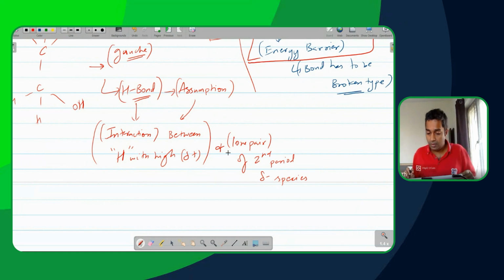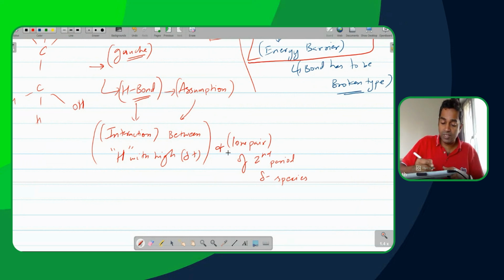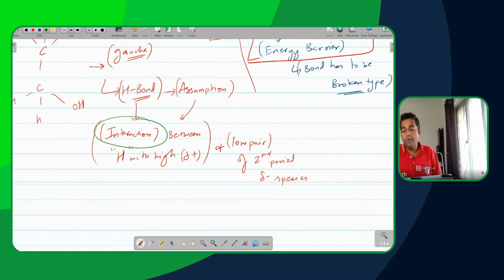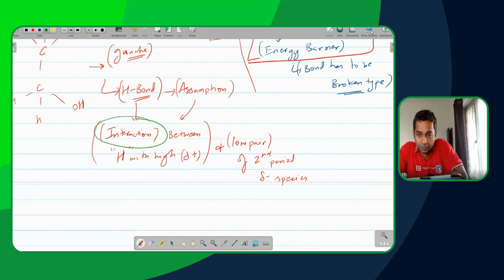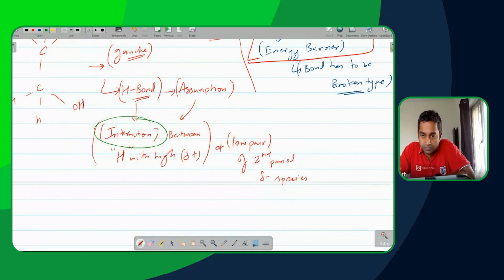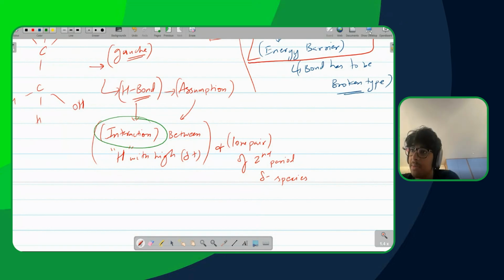All right. Now, let us look at the other thing which I was very strict about. When you said bond, I got upset. I asked you to call it an interaction. Why? It's not a complete bond.